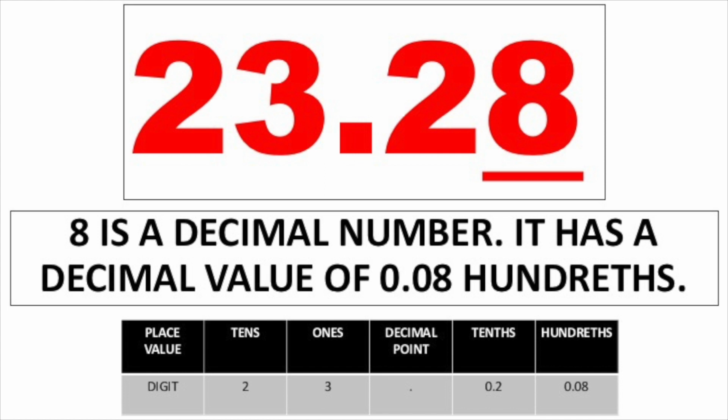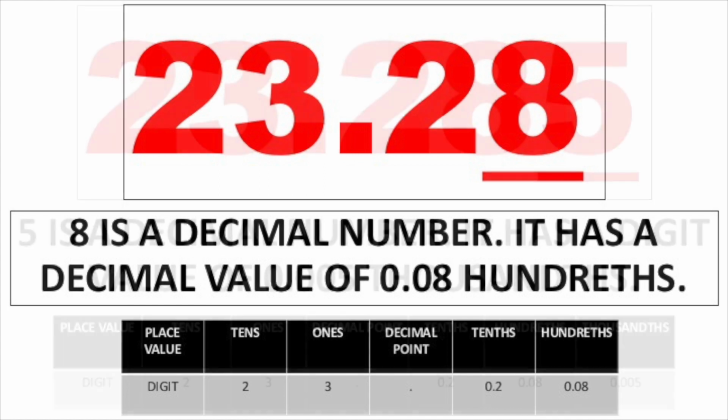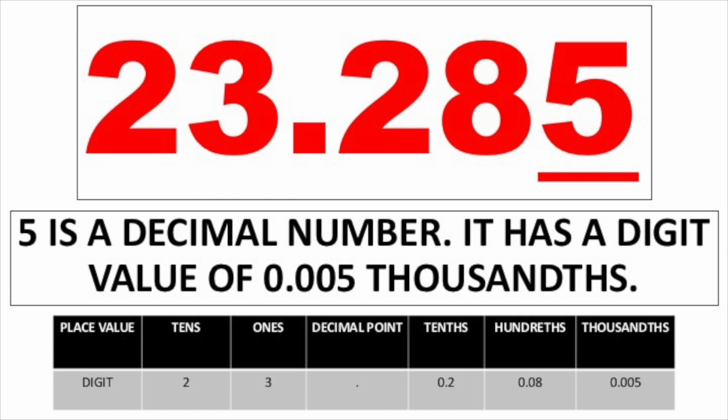And then finally, after our hundredths, we have thousandths. So what digit can we see here in the thousandths place? 5. So who can tell me what the digit value is of the 5 here? Correct, well done. You see, each time after the decimal point, we add another 0.